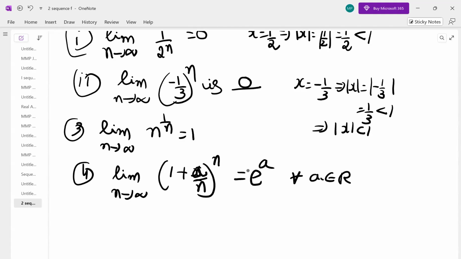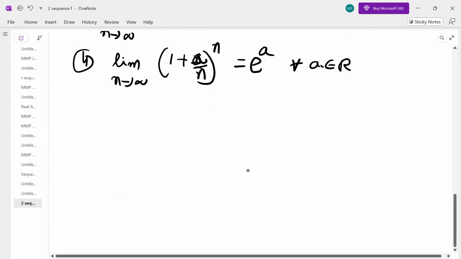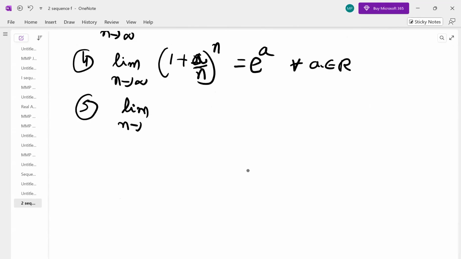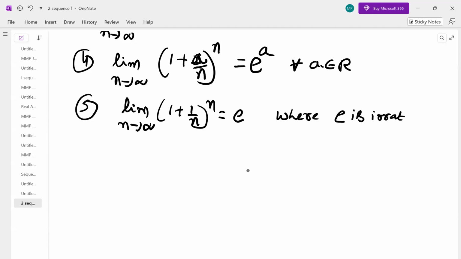Often used when a is 1: limit n tending to infinity of 1 plus 1 by n whole power n is e power 1, which is e. What is e? It is an irrational number. Its value is 2.71 something; it is between 2 and 3.